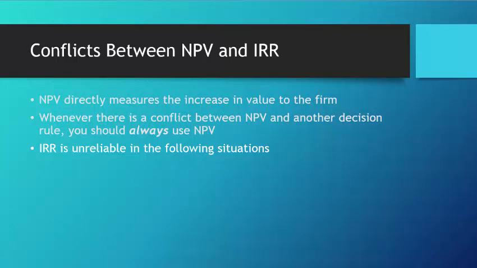IRR is just unreliable whenever there is a non-conventional cash flow stream. Therefore, especially in those instances, use net present value. Also, when there are mutually exclusive projects that we're taking a look at, we will look more closely at the net present value than we will at the internal rate of return.